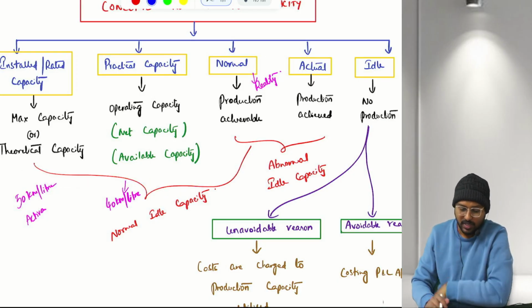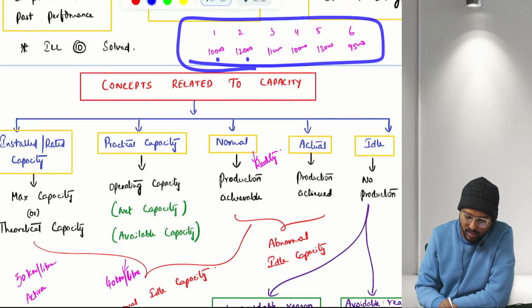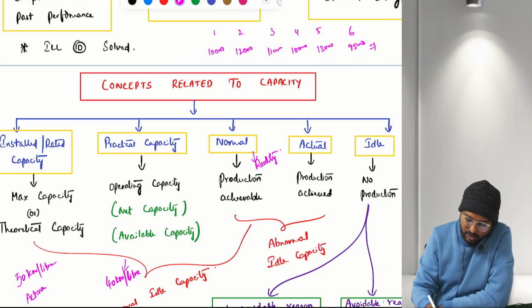But then, see here. What is the average of this? Can you please tell me? 10, 12, 11, 10, 13, 9.5. You total this up, divide it with 6 and tell me how much it comes. Average of this.